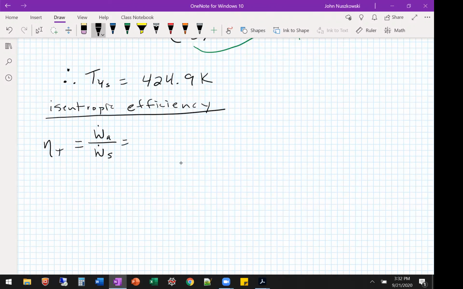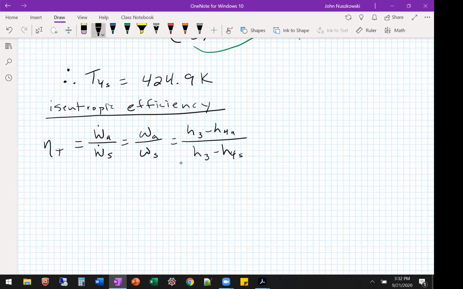If we divide the mass flow rate out, we can get lowercase w. We put in enthalpies, and we would get this.